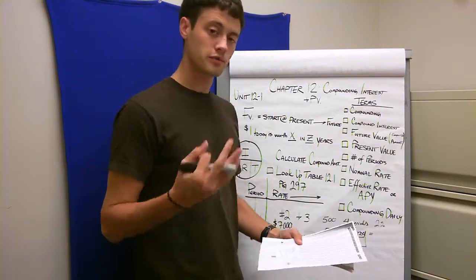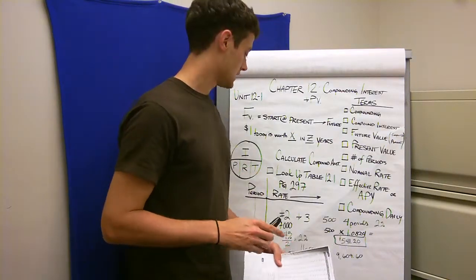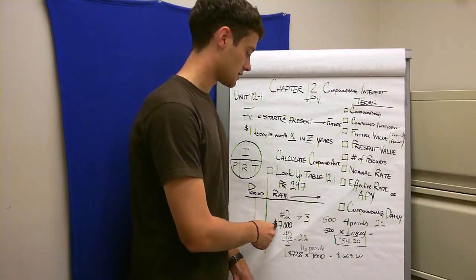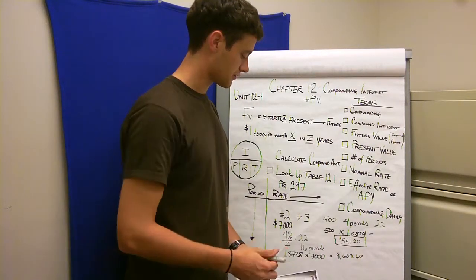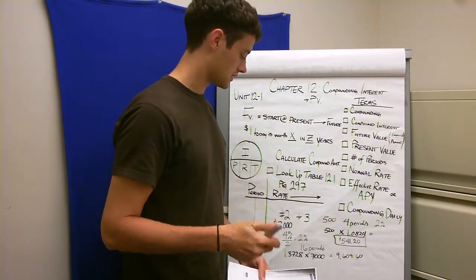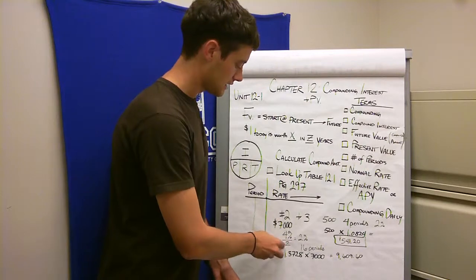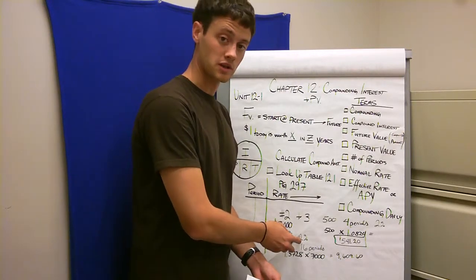Now if we do number 3 in the extra practice problems on page 297, it says that you have $7,000, you have 4% interest, and it's on for 4 years, and it's semi-annual. So I divide by 2, so my interest is going to be 2% per period.